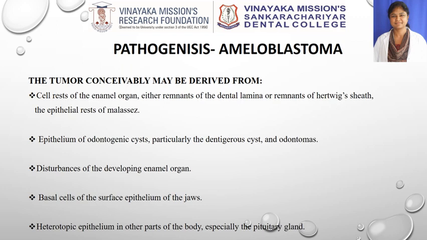It could also arise from the epithelium of the odontogenic cysts, particularly the dentigerous cysts and odontomas. Disturbances of the developing enamel organ or the basal cells of the surface epithelium of the jaws may also give rise to it. It is also thought to arise from heterotopic epithelium in other parts of the body, especially the pituitary gland.